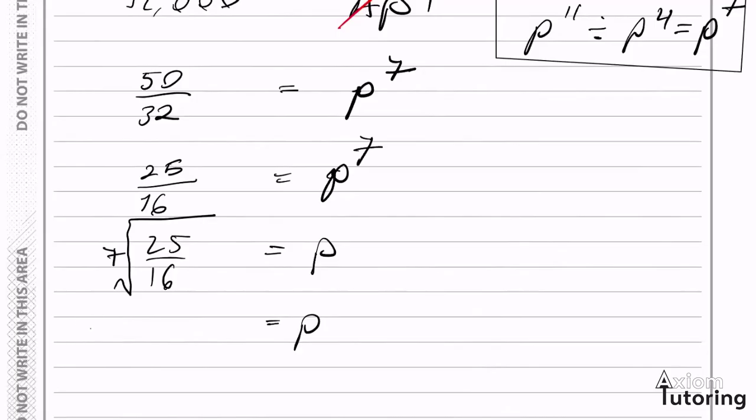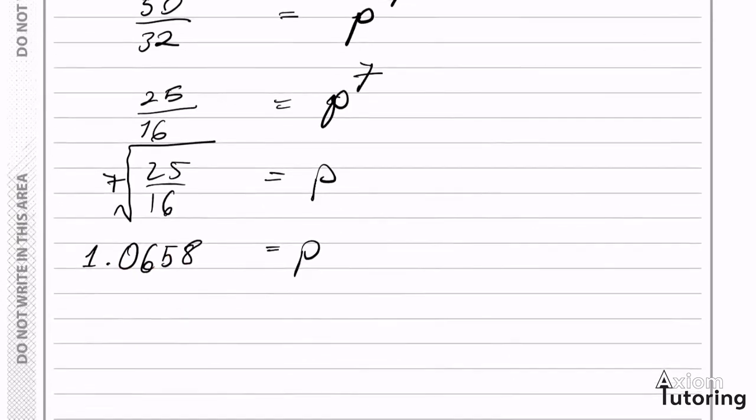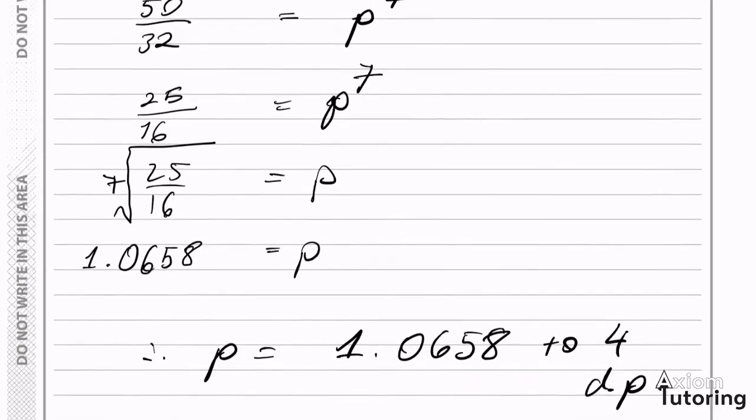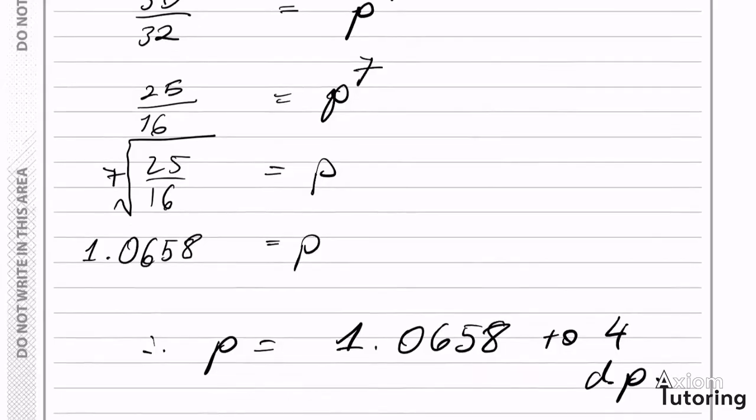So P is equal to 1.0658. It's 1.065835, but you want it to 4 decimal places. We have 4 decimal places there. And so I'll just write it down here. Therefore, P is equal to 1.0658 to 4 dp. And so that's your answer to question 12, part A, I.